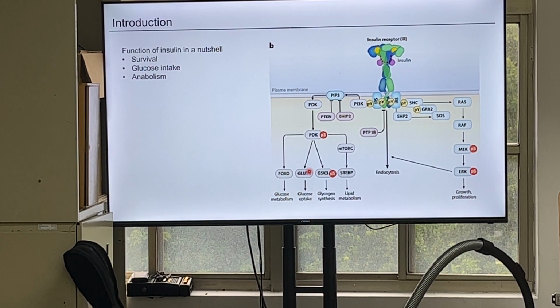Here they mainly activate some proteins that interact with the cytoskeleton, making the vesicle move to and fuse with the membrane. That's the GLUT4 part. So when insulin kicks in, this glucose transporter will be expressed onto the cell membrane, so exogenous glucose can flow into the cytoplasm.